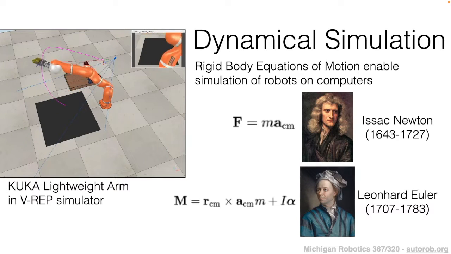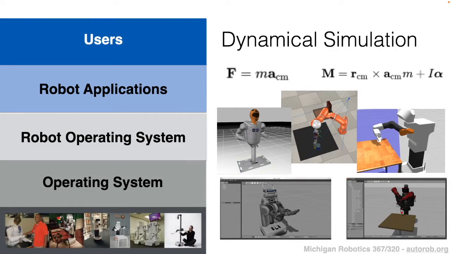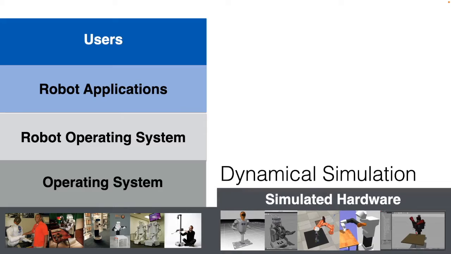If we go back to our robot operating system framework and look at how dynamic simulation fits in, it fits within that lower-level hardware component. In particular, the reason that we use simulation is because we want to be able to simulate the expensive or difficult-to-manage physical hardware components, or potentially to speed them up.